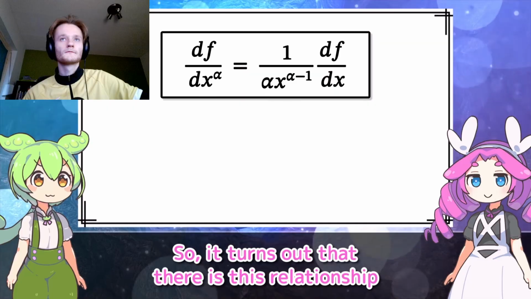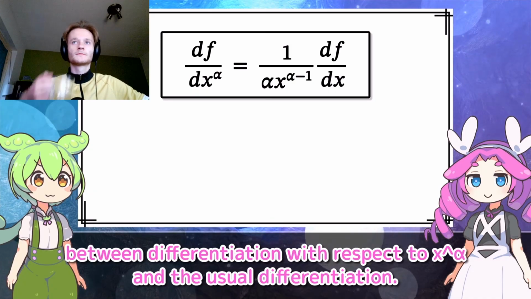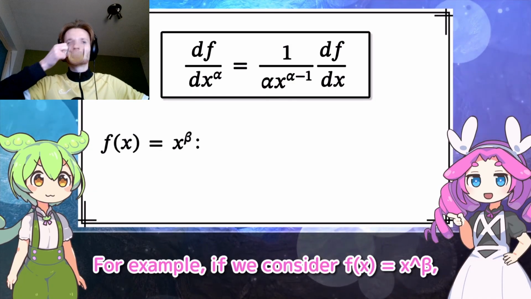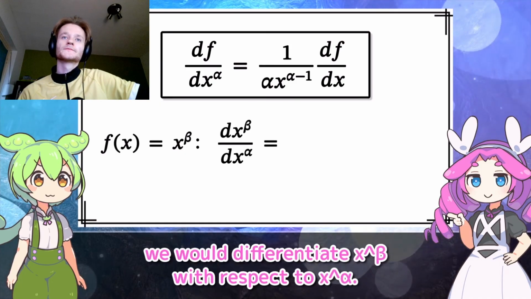So, it turns out that there is this relationship between differentiation with respect to x to the alpha and the usual differentiation. It's a beautiful formula. For example, if we consider f of x equals x to the beta, we would differentiate x to the beta with respect to x to the alpha.